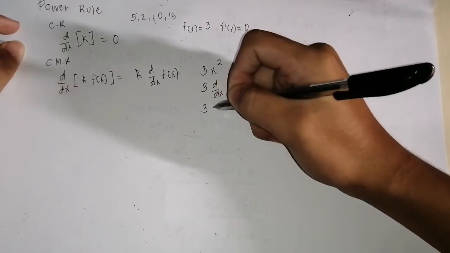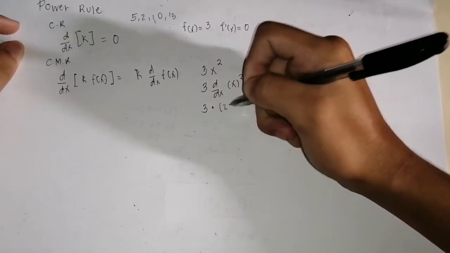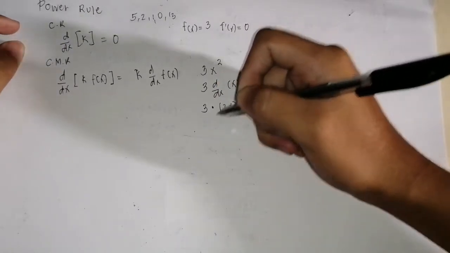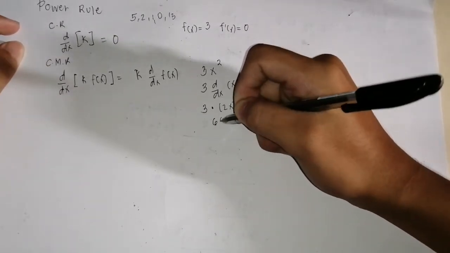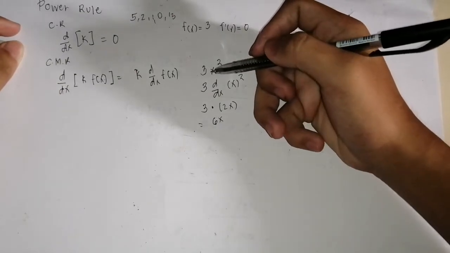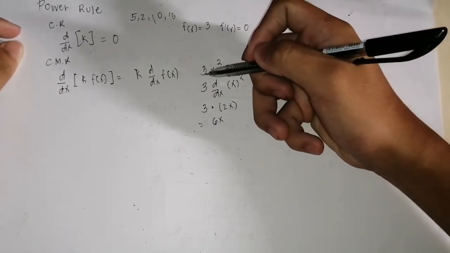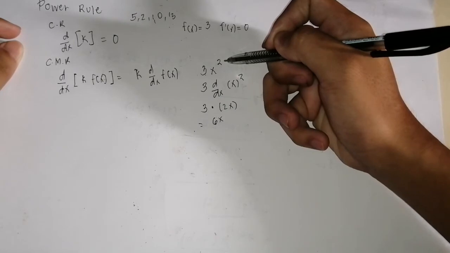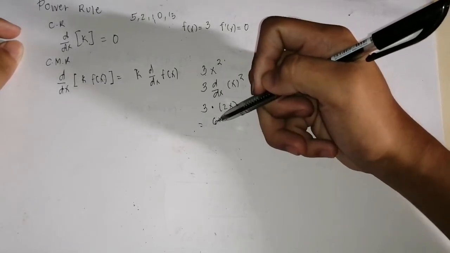So 3 times 2x, and 3 times 2 is 6, so 6x is the derivative of 3x squared. You just multiply the 2 by 3, then subtract one from the exponent, so it becomes 6x.